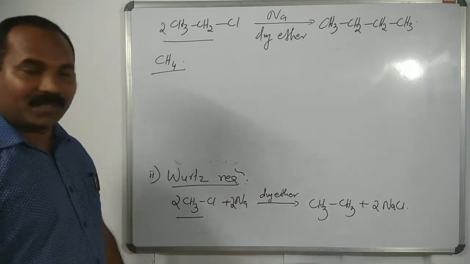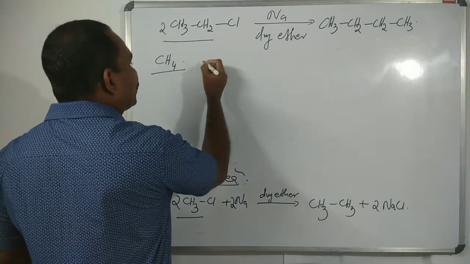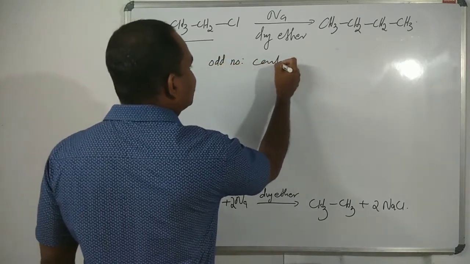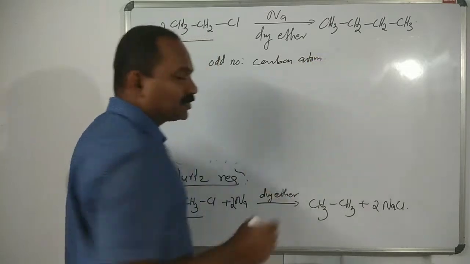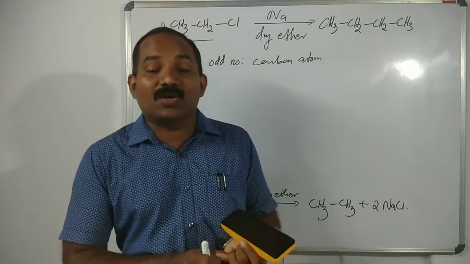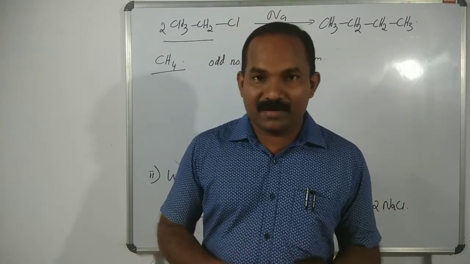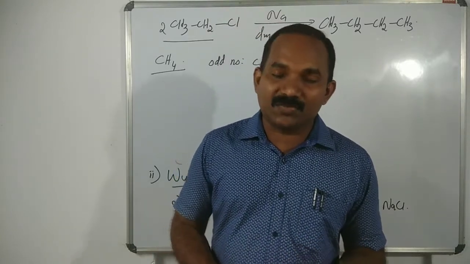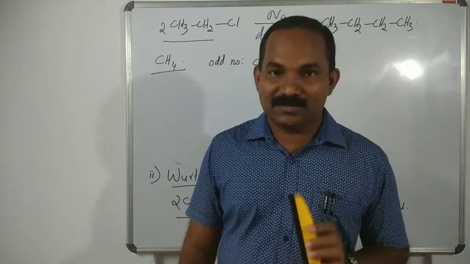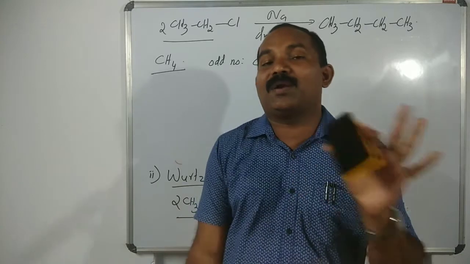We cannot prepare methane or alkanes with an odd number of carbon atoms. This is the drawback of Wood's reaction. The drawback is that we cannot prepare methane, CH4, or any alkane which contains an odd number of carbon atoms.